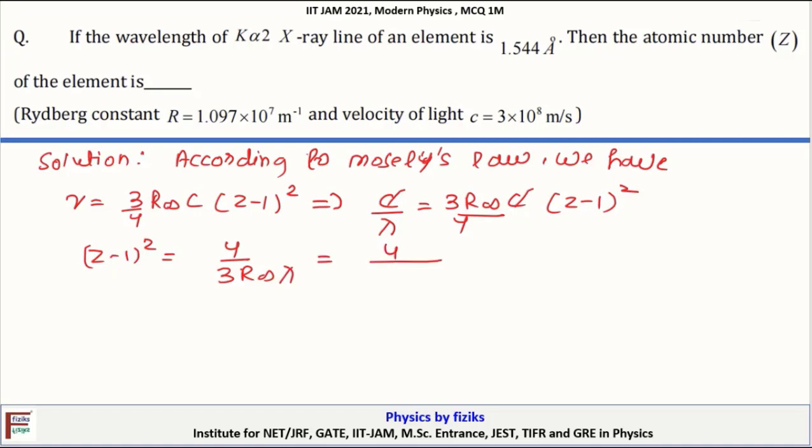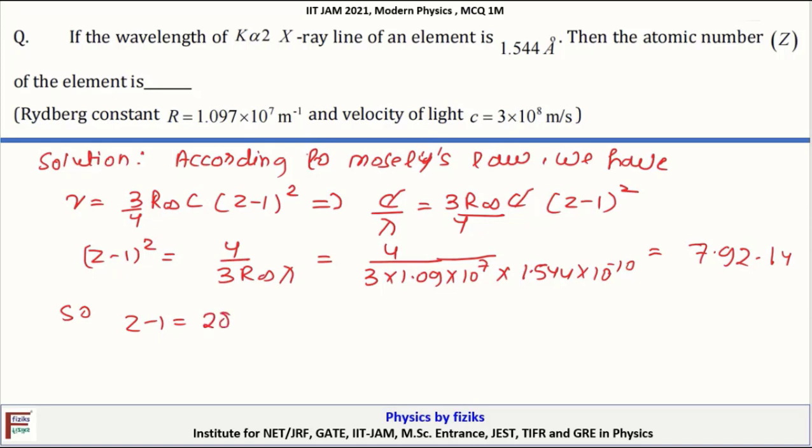Substituting the values 4, 3, 1.09 times 10 to the power 7 into 1.544 times 10 to the power minus 10 is turning out to be 792.14. So Z minus 1 would turn out to be 28.14, or Z is equal to 29. So the atomic number of that element would be 29.